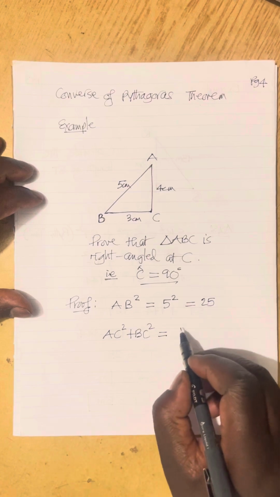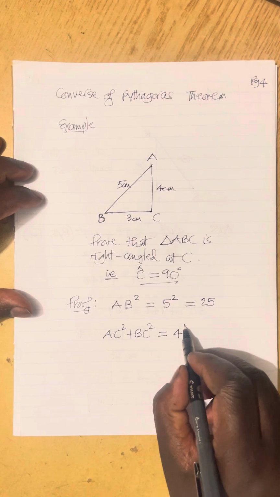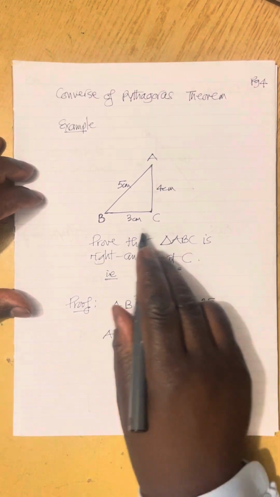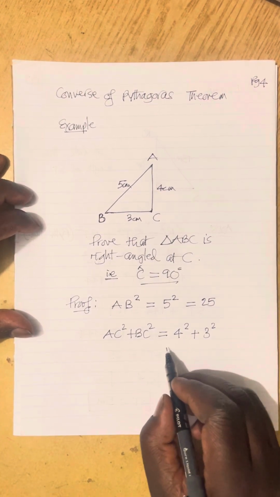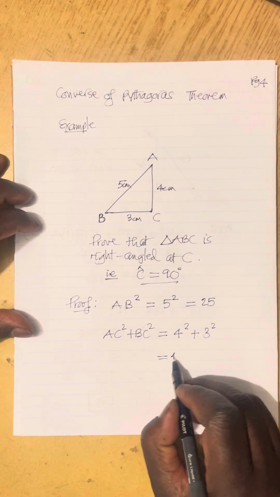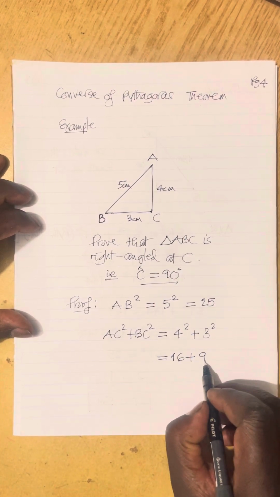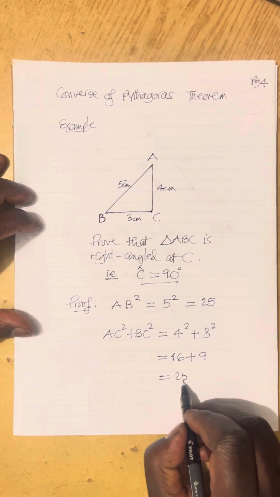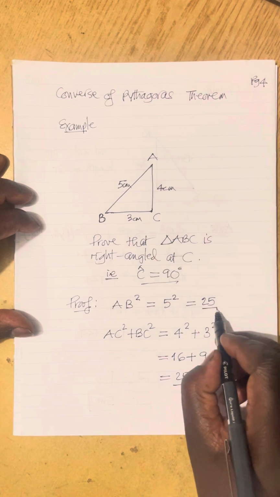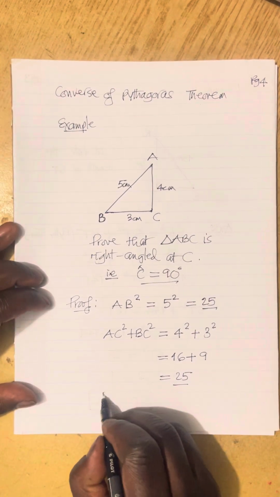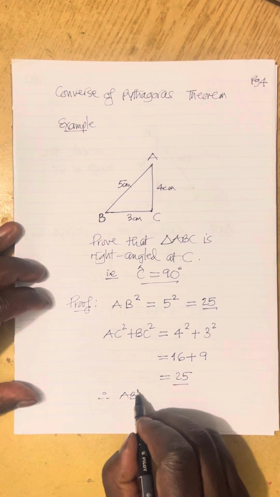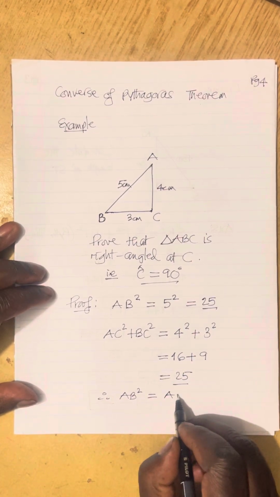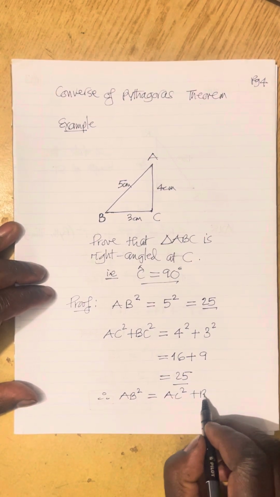What is this equal to? AC squared would be 4 squared plus, what is BC? It would be 3. And we're squaring this. Now, if you simplify this, this is going to be 16 plus 9. What is 16 plus 9? 25. And you see that this number is equal to that number. Your conclusion is, therefore, AB squared is equal to AC squared plus BC squared.